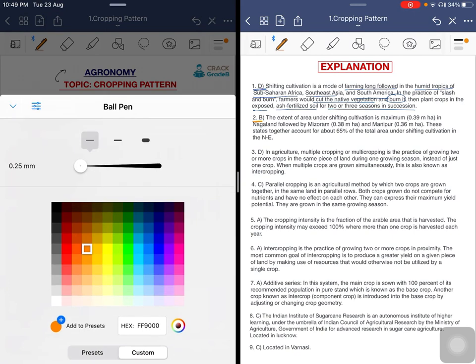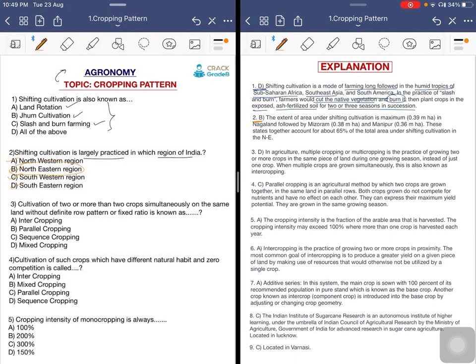Let me draw the diagram of India. This is the northeastern region, right? This is the major region for shifting cultivation.